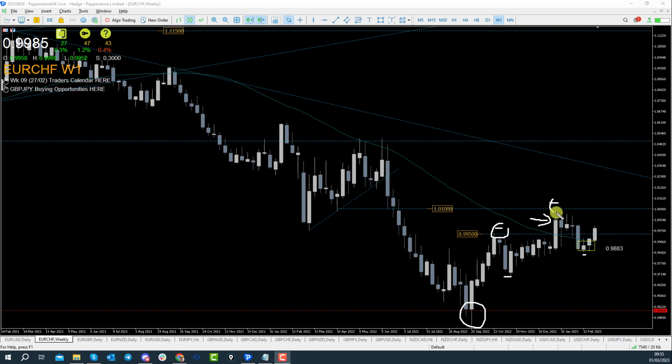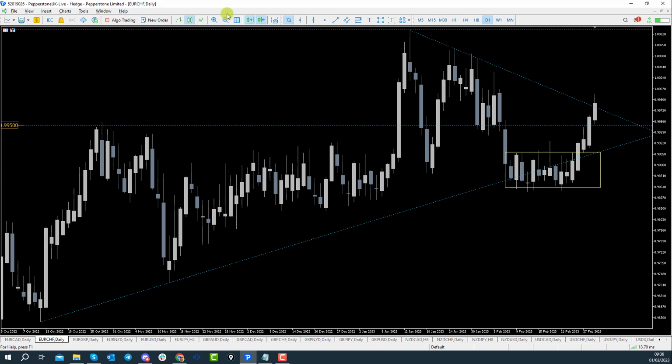We then formed highs back at the resistance at the 1.01, and now we've got a potential higher low in here at the moment, which does suggest that we should see price continue to push to the upside back into the previous highs, or even beyond that towards the next area of resistance, which could be this longer term downward trend line. So that's what I'm looking at from a higher time frame point of view.